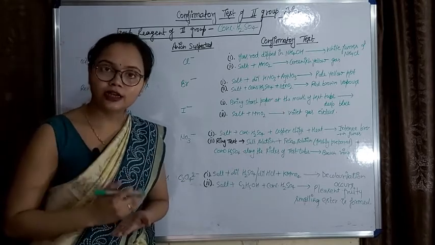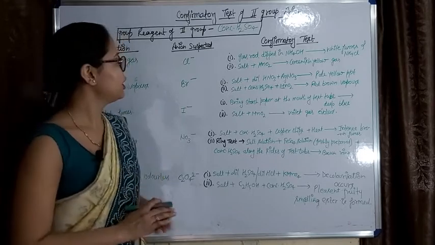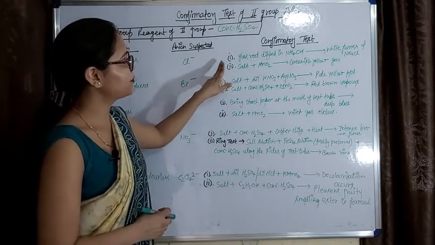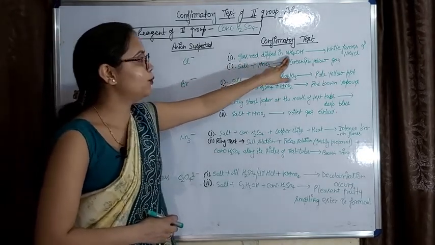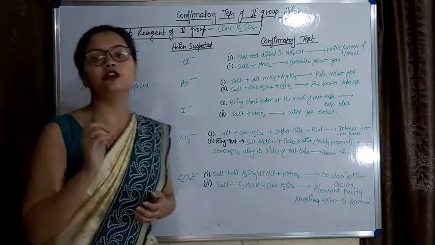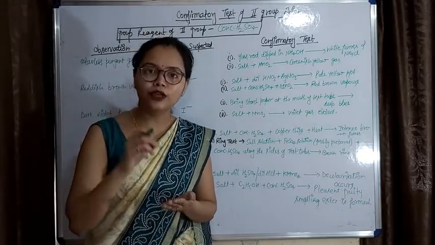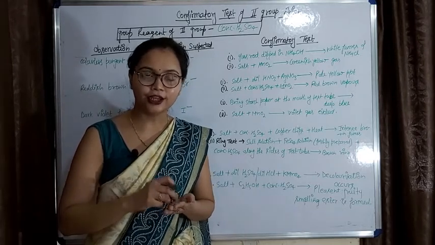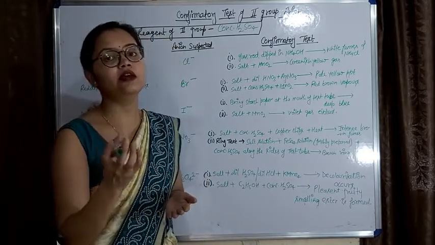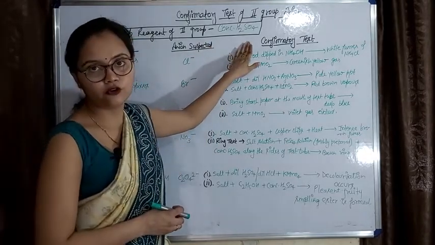For the confirmation we have to do some tests, which are known as conformity tests. For chloride ion we can do the conformity test in two ways. First, a glass rod dipped in ammonium hydroxide gives white fumes. First of all, you take a glass rod, dip it in ammonium hydroxide solution, and then bring it to the mouth of the test tube in which you have the salt, water, and concentrated H2SO4 of course.